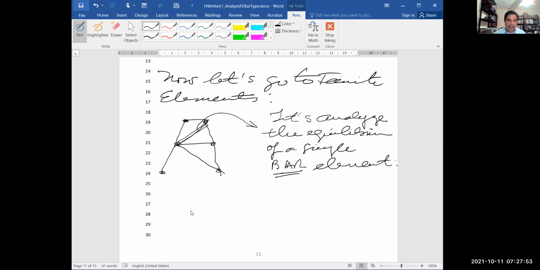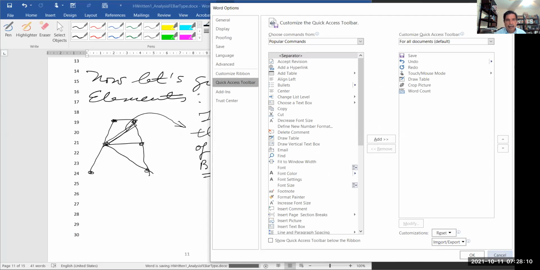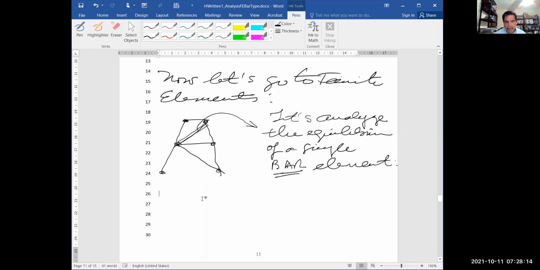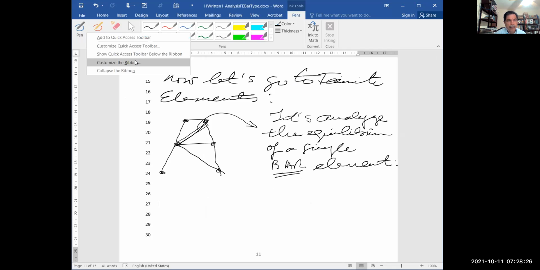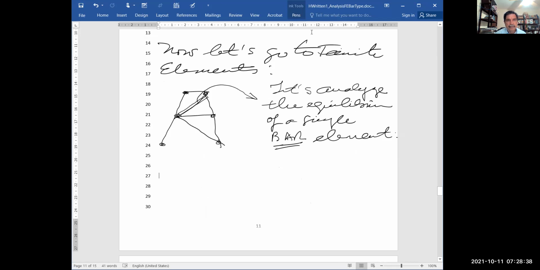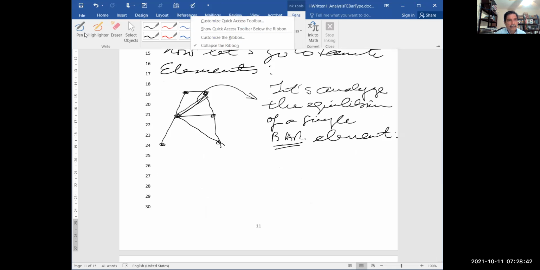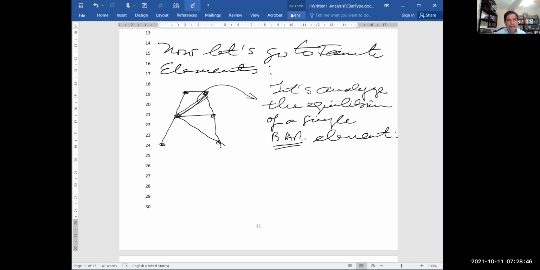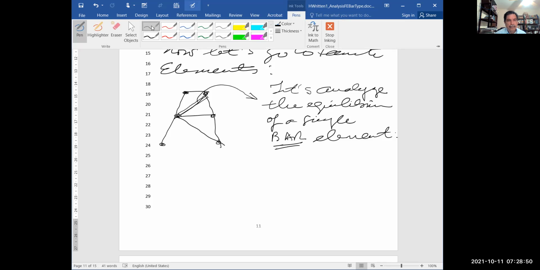Instead of analyzing in this position, it's better if we put it horizontally.